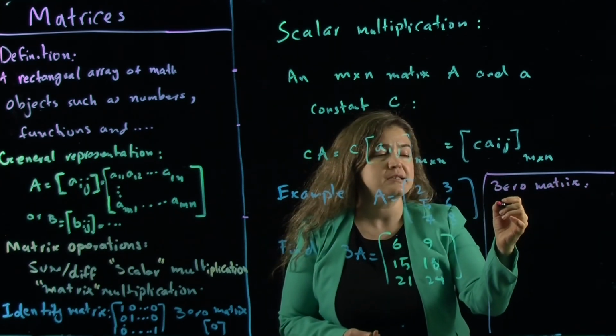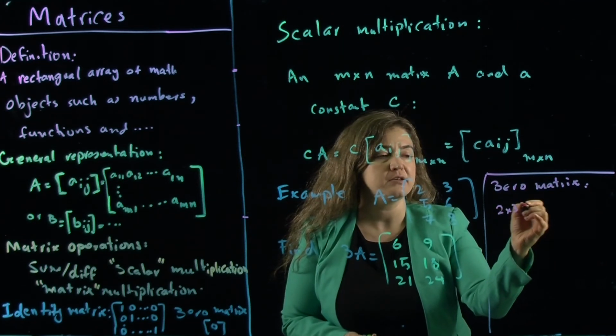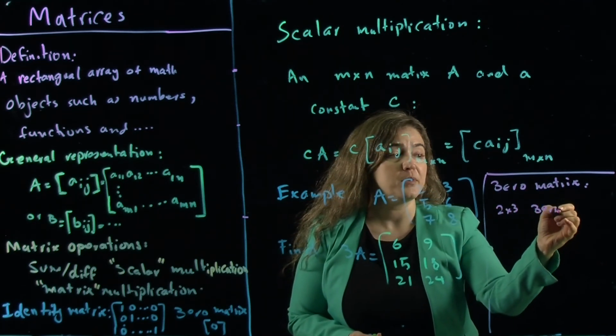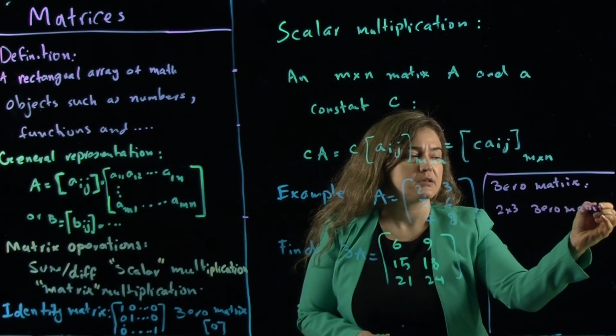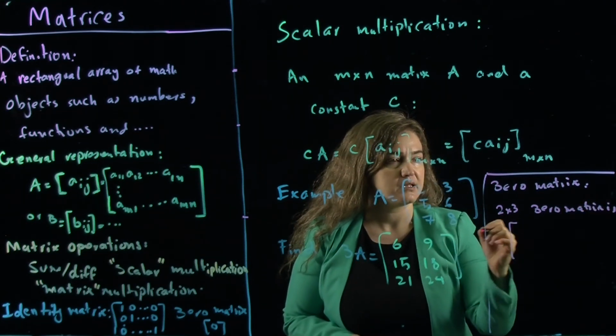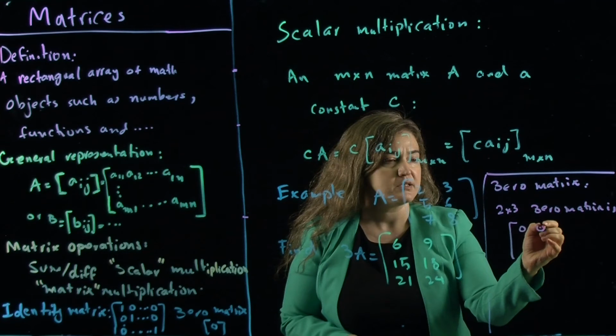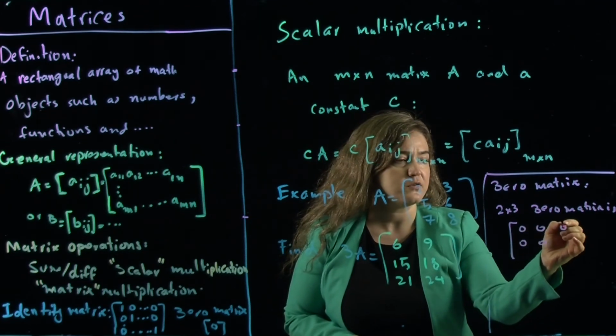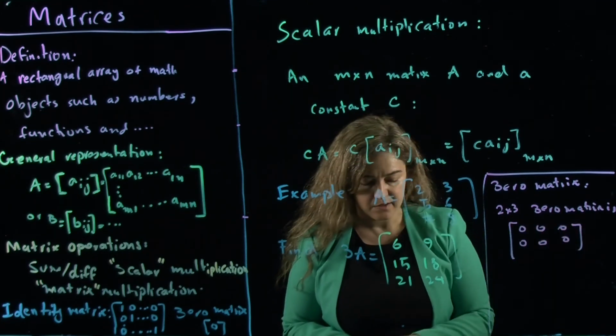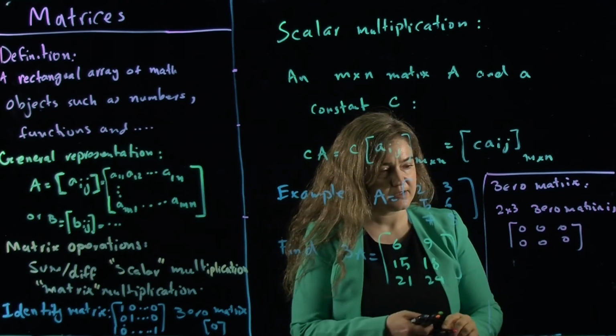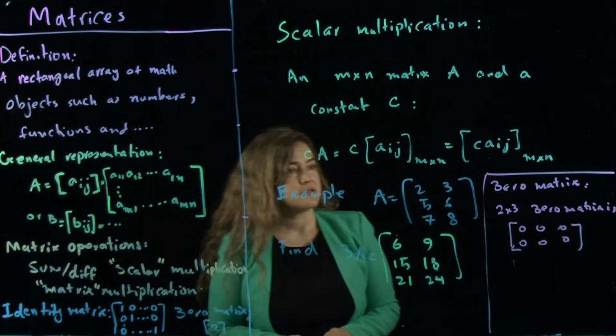Let's say a 2 by 3 zero matrix is, here's an example, 0, 0, 0, 2 rows, 3 columns, and it looks like this.